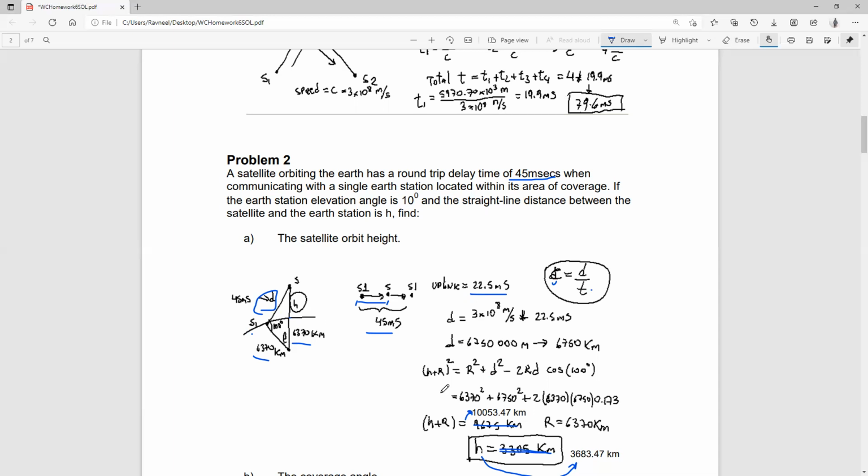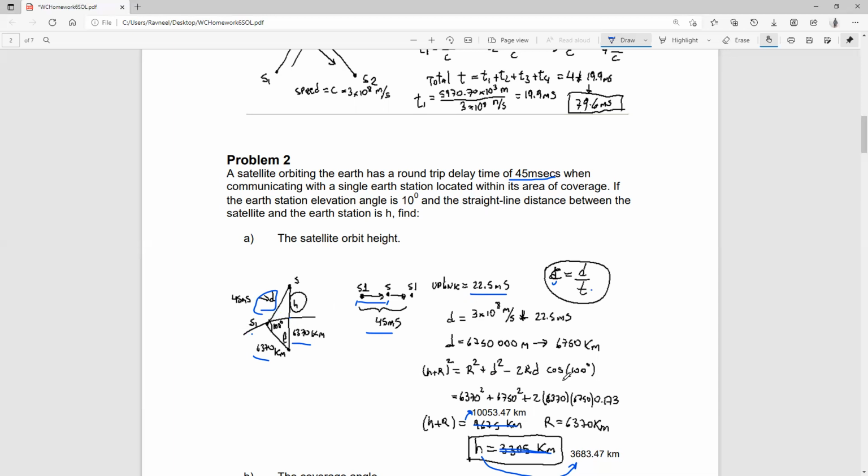For this side, (h + r)² = r² + d² − 2rd cos(100°), where r² is the square of this side, d² is the square of this side, and 2rd is twice the product of these two sides, times the cosine of the angle opposite to this particular side, that is cos 100 degrees.